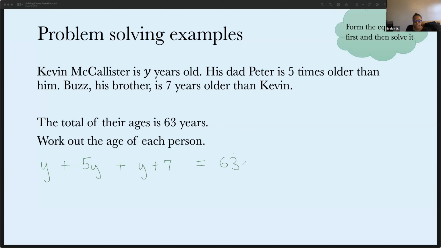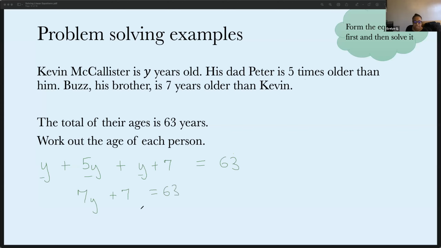Now, this equation looks a little bit trickier than the ones that we looked at before, but the best thing to do is just simplify the left-hand side, collect the like terms, and then it will look just like something we've already solved. So we've got a y, we've got 5y, and we've got another y. Collecting those terms, we get 7y, and we've got 7y plus 7 equals 63.